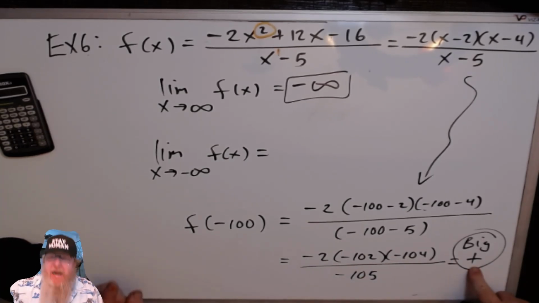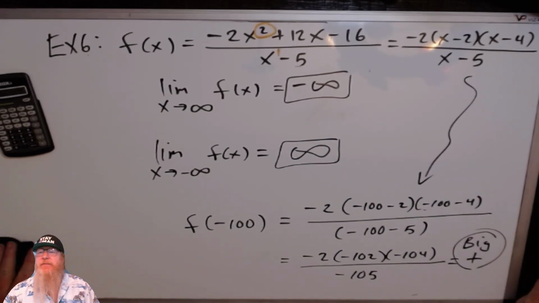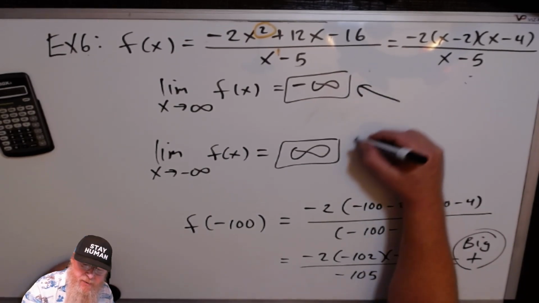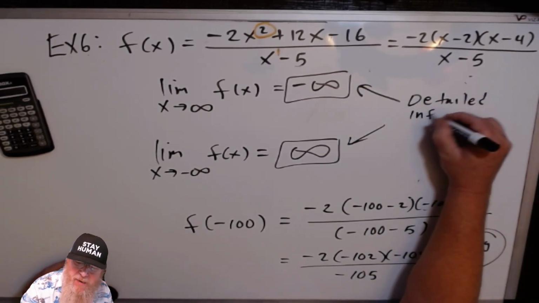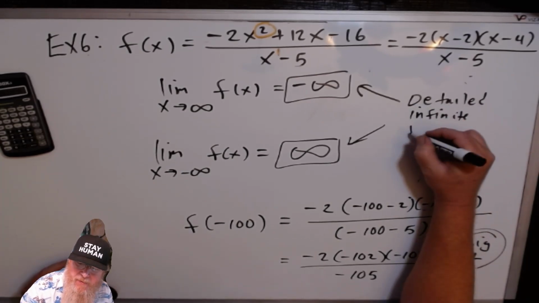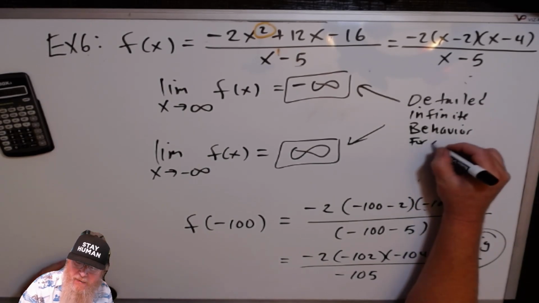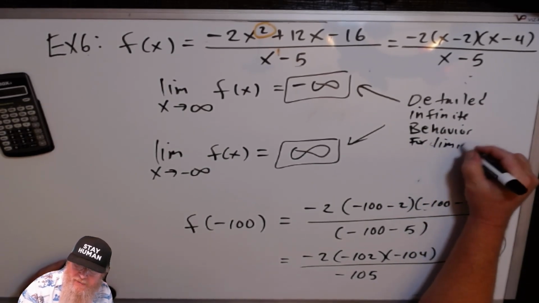You're going to get a big positive number. And so that goes to positive infinity. And my final note is this is detailed infinite behavior for limits that do not exist.